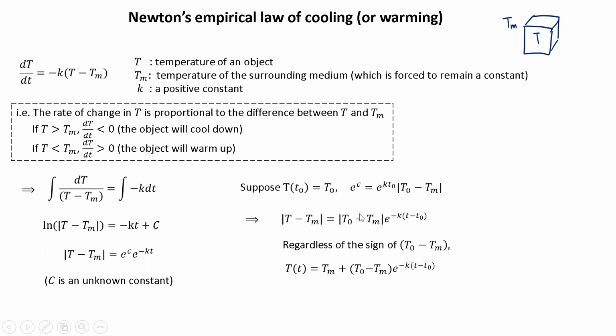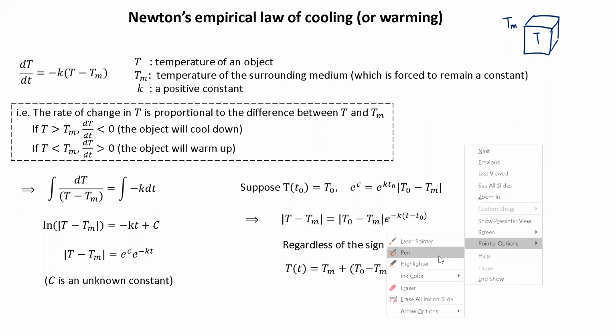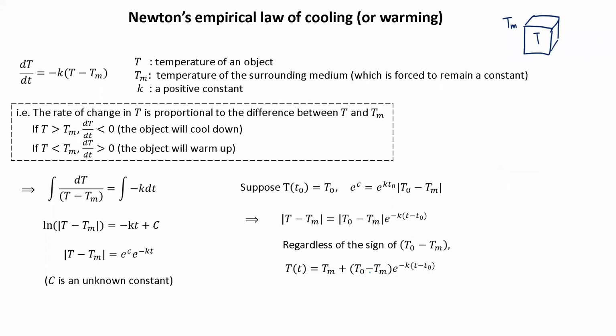And here, just be a little bit careful about the absolute sign. When you have this absolute sign, you have to consider two different cases. Case one is that I have T naught greater than Tm. That means the hot metal in air, so it's the cooling process. In that case, this is just greater than 0, and this is just greater than 0.